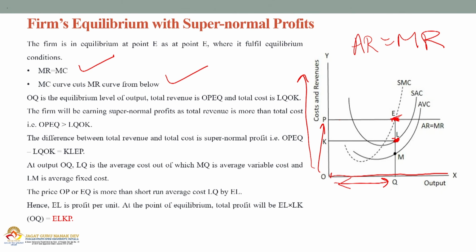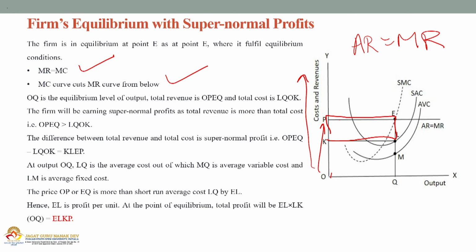So the cost is OKLQ and total revenue is OPEQ. So the difference between the two, that is KLEP, is our supernormal profits.